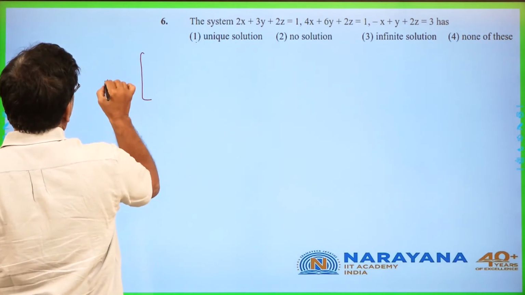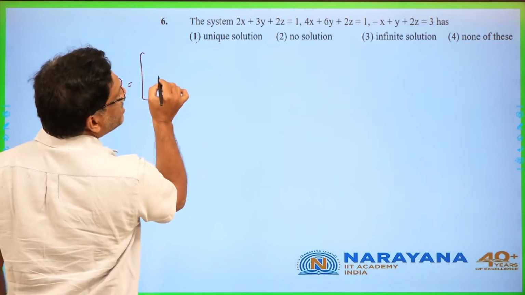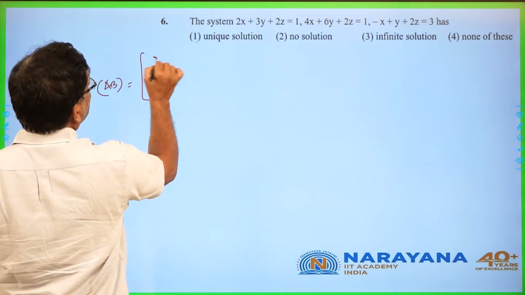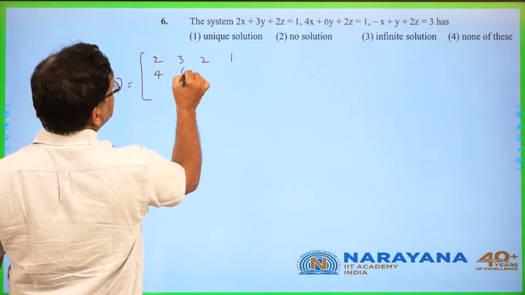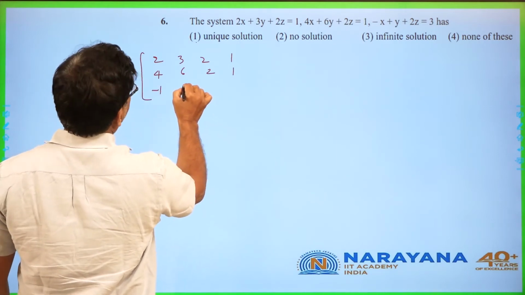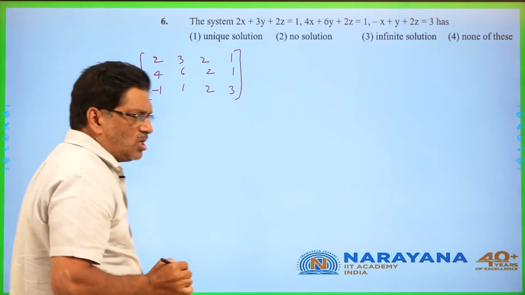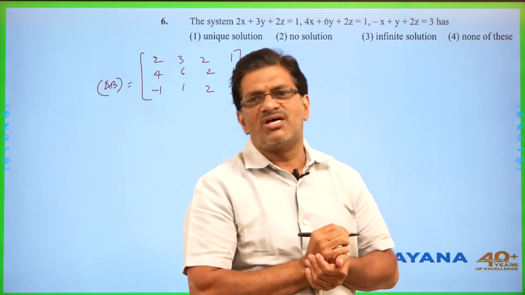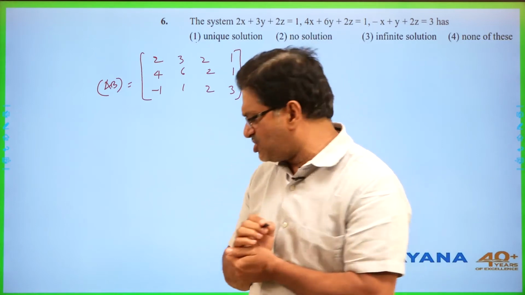First, let us write the augmented matrix, that is AB. AB when you write, it is 2, 3, 2, 1; 4, 6, 2, 1; minus 1, and this is 1, 2, 3. Reduce lower triangular elements of matrix A into 0 only by row operations.